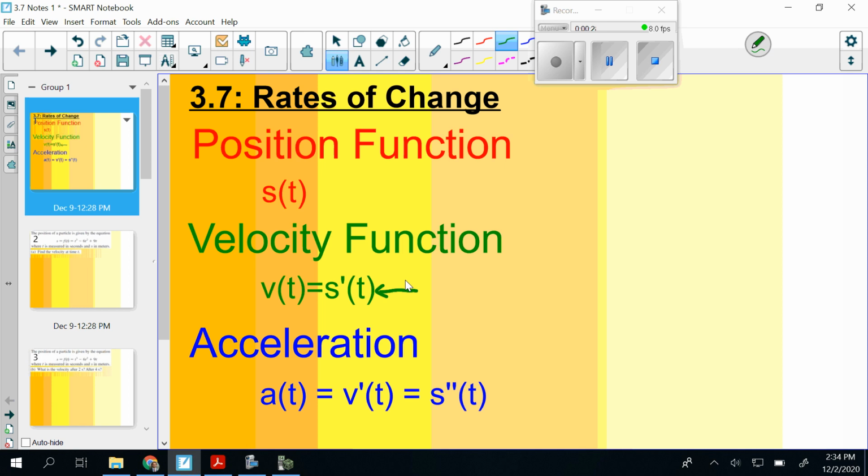If you find the rate of change of the velocity, like how much is the velocity changing, that's a description of acceleration. So the derivative of the velocity, or the second derivative of our position function, ends up being our acceleration.